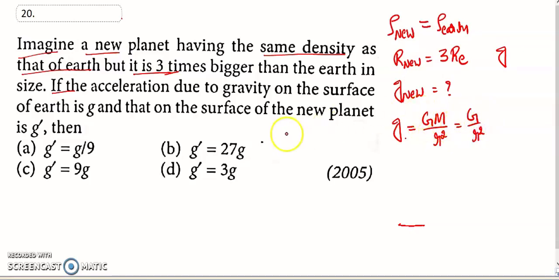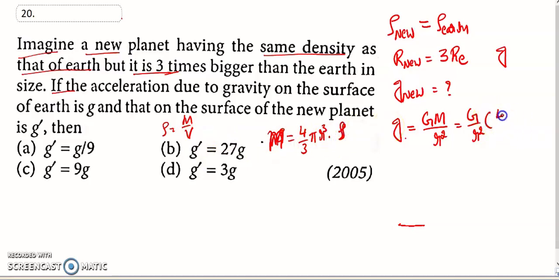Now what is the mass? We know that density is mass by volume, so mass is equal to volume times density. Volume is 4 by 3 pi r cube, into density rho.